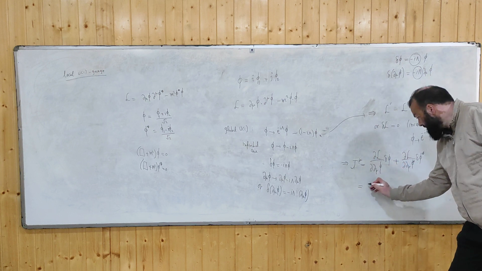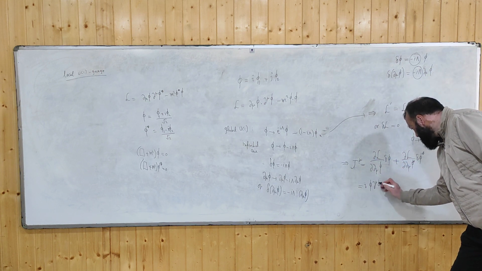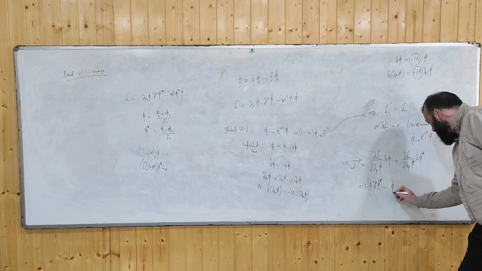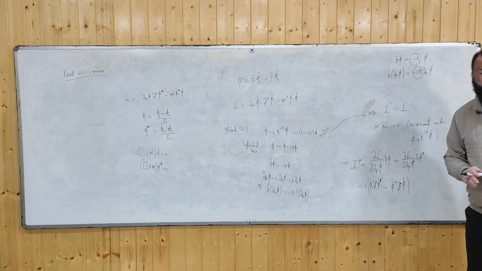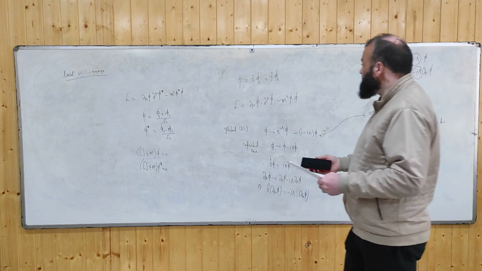So how much is this thing? It will turn out to be phi partial mu phi star minus phi star partial mu phi. So this is your current. Now let's have remarks. You can have conserved quantities.